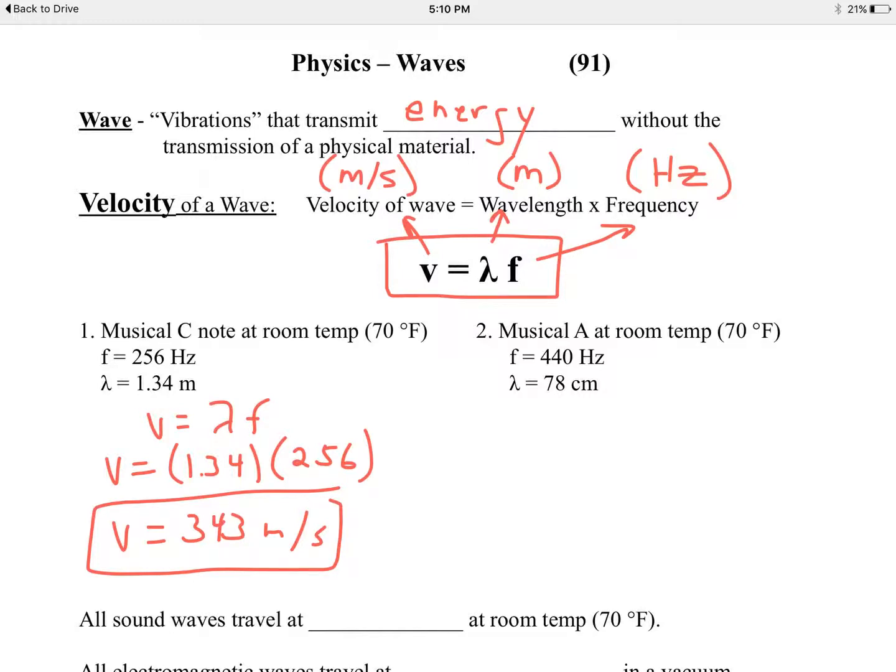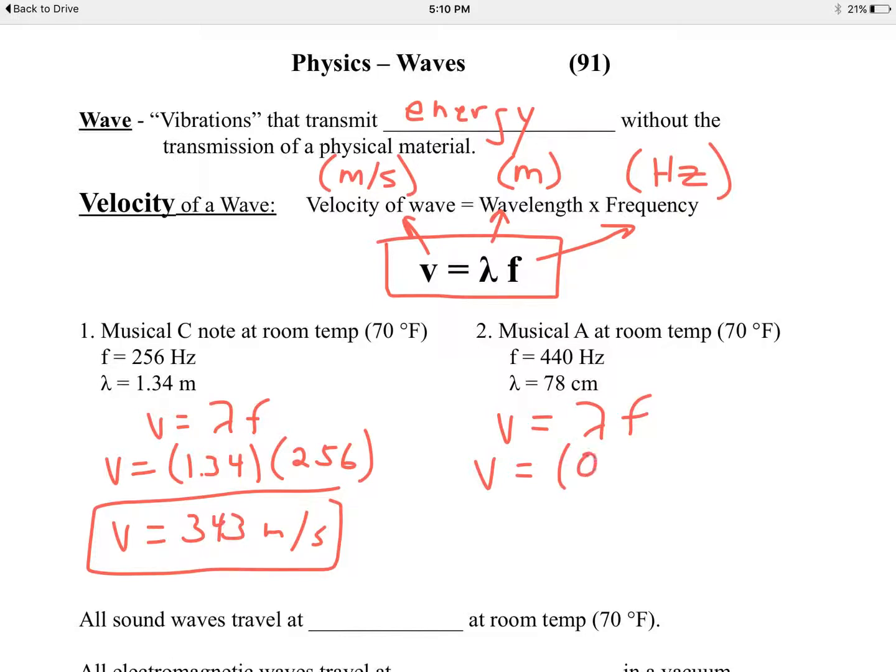But what if you play the musical A, the next one above C, higher frequency, higher pitch, because the frequency is correlated to the pitch of a sound wave, and we'll talk about that in a future lecture. But just to show the calculation one more time, V, velocity, equals wavelength times frequency. The wavelength, now you've got to watch out here, we don't want centimeters, we want meters.